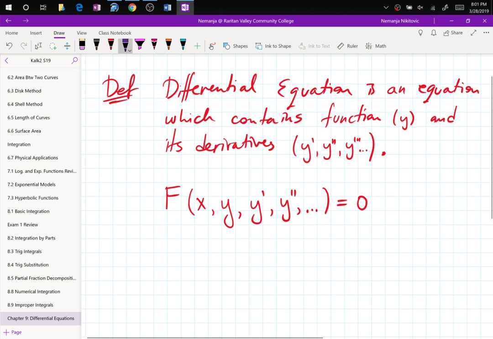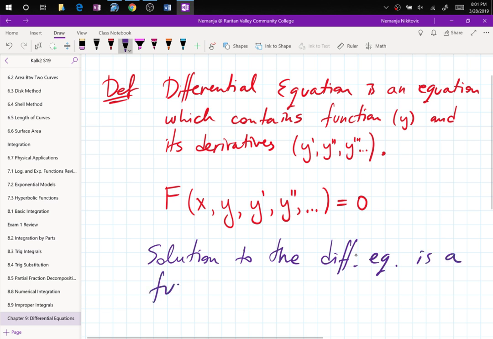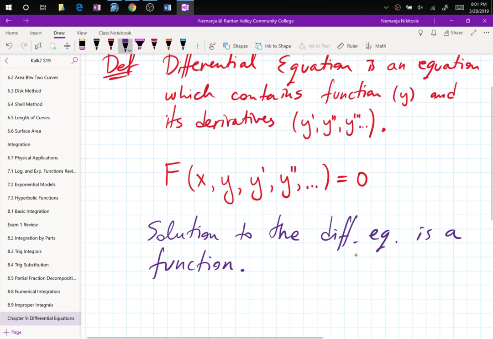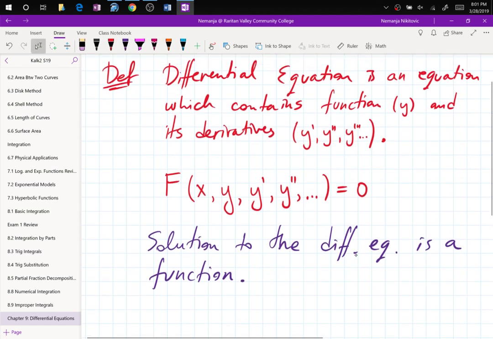So let's write that as well. A solution to the differential equation is a function. So when you solve a differential equation, you get a function.